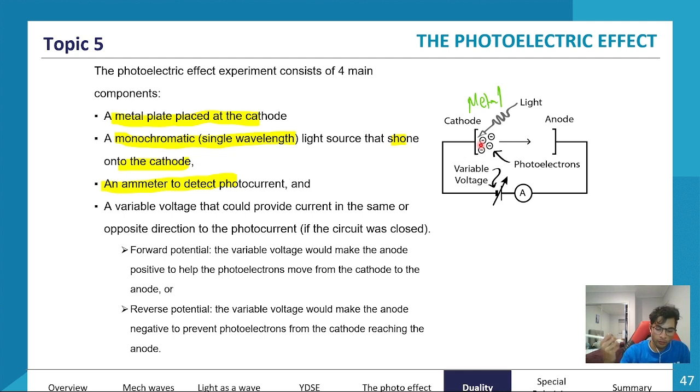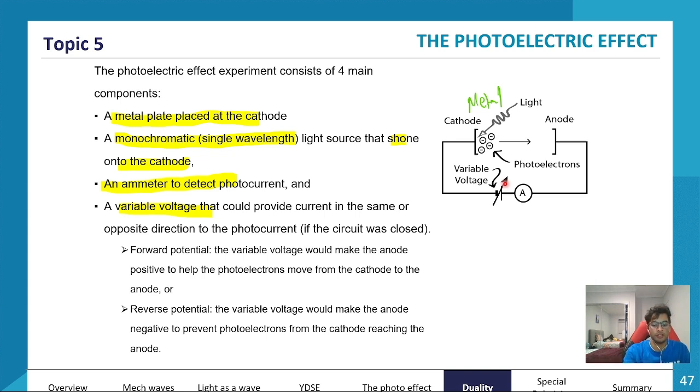And then we have this thing called a variable voltage, and basically it's just this little thing over here. It's like a battery, a power source, and you can change the amount of voltage that this power source is producing. And there's a thing called forward potential and reverse potential.